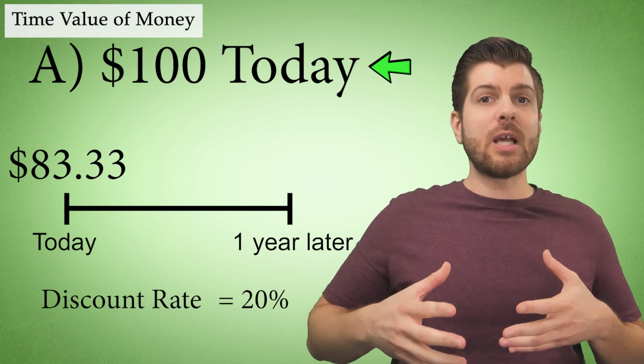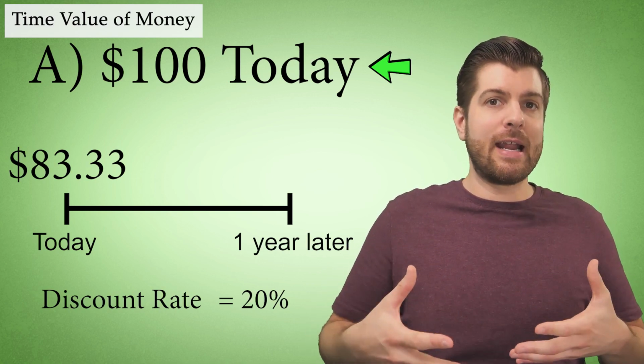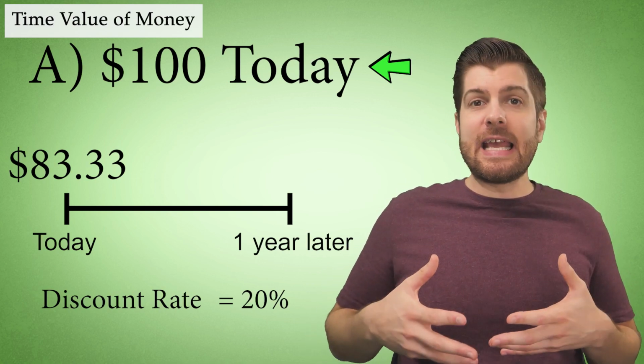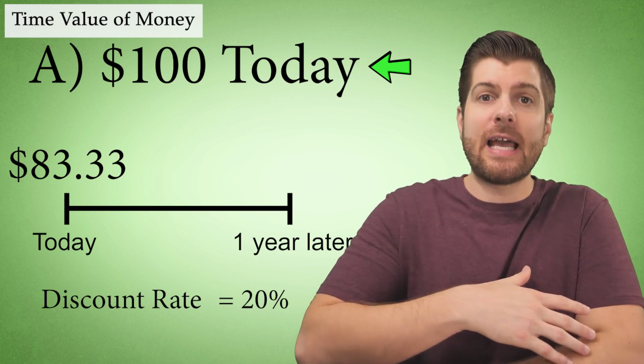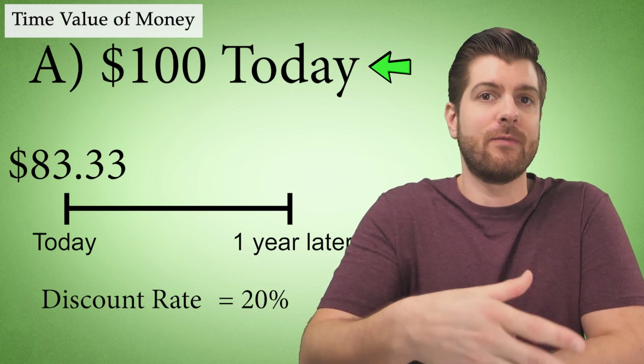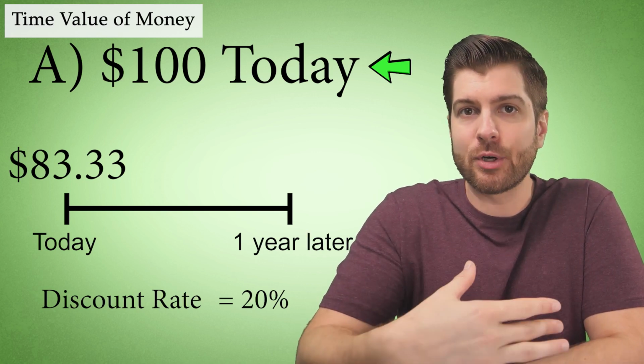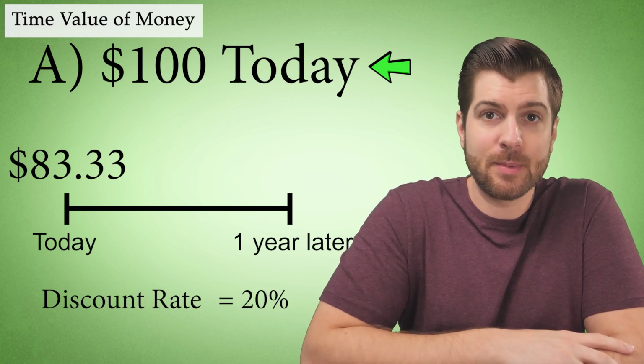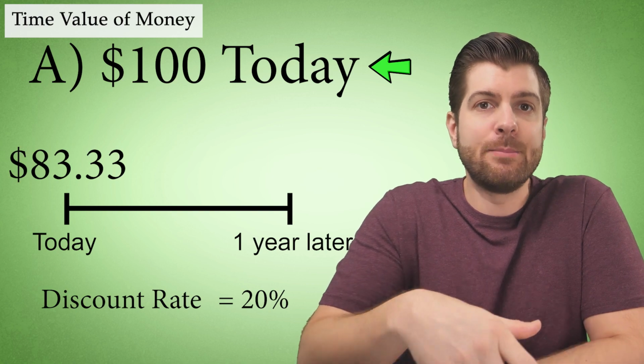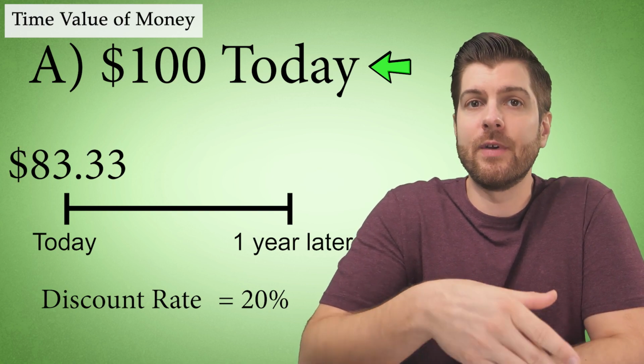What I want you to do is think about the discount rate as essentially just the annual rate of return that you'd like to achieve with your investment. So if you've decided that you want to achieve no less than a 15% annual return on your investment, then you would use a 15% discount rate when you're figuring out the present value of future cash flows.